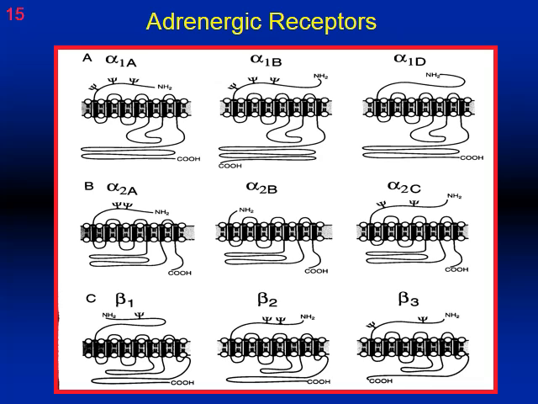Or I could say non-selective alpha 1 blocker, which would mean that it blocks all subtypes of alpha 1. Okay? But just follow the term. Non-selective alpha 1 means all the subtypes are susceptible to inhibition. If you say alpha 1A selective, only that one is blocked.